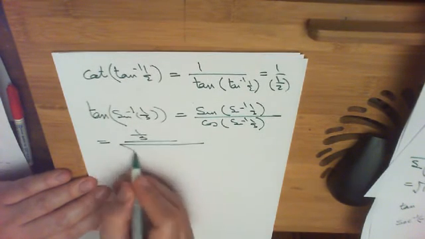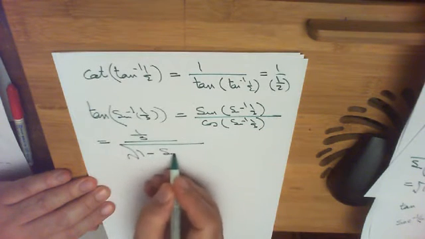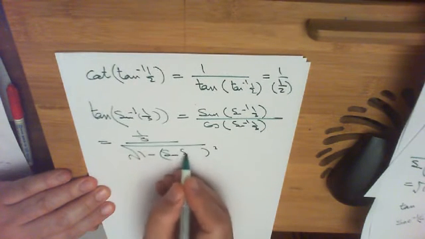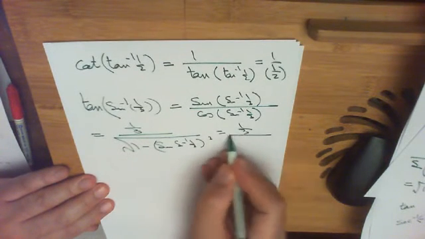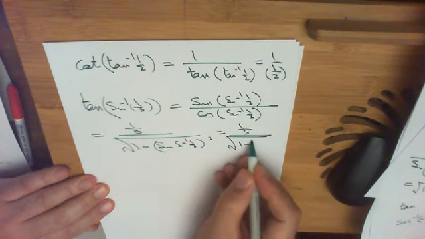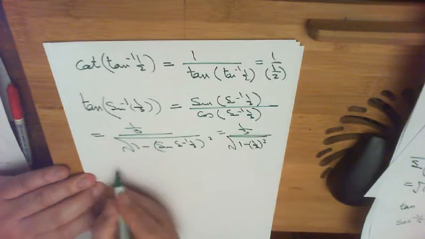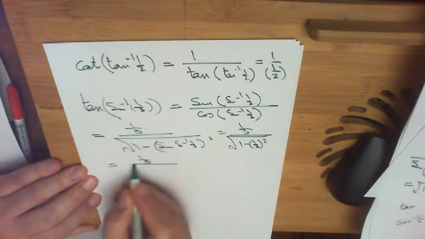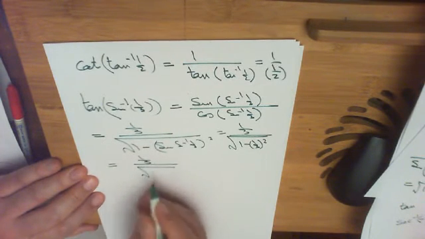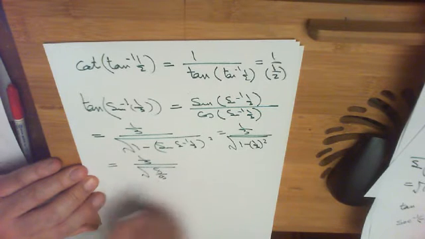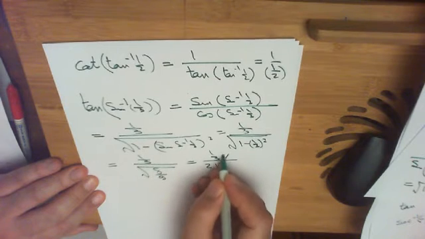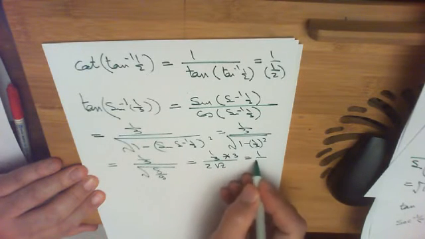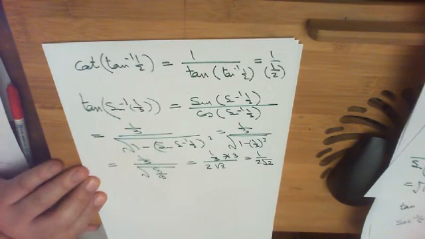Cosine transformed to sine is the square root of 1 minus sine squared. So it is 1/3 over the square root of 1 minus 1/3 all squared. This is 1/3 over the square root of 8 divided by 9, which is 1/3 over 2 root 2 over 3, which is 1 over 2 root 2.